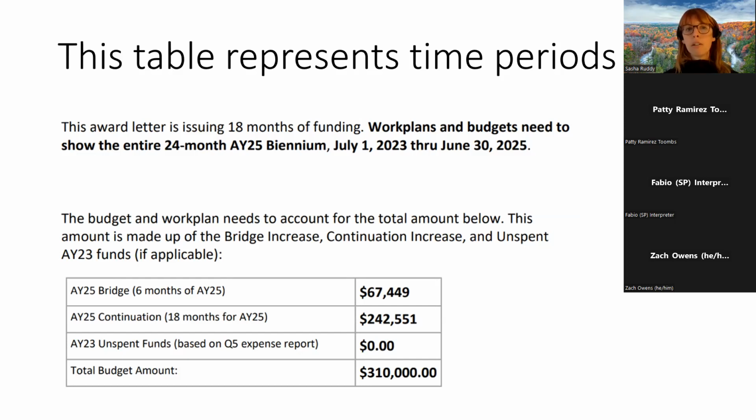So what this 24 months covers, if we're taking a look at the table on the screen, is 6 months of that bridge period and 18 months of funding for the continuation period.